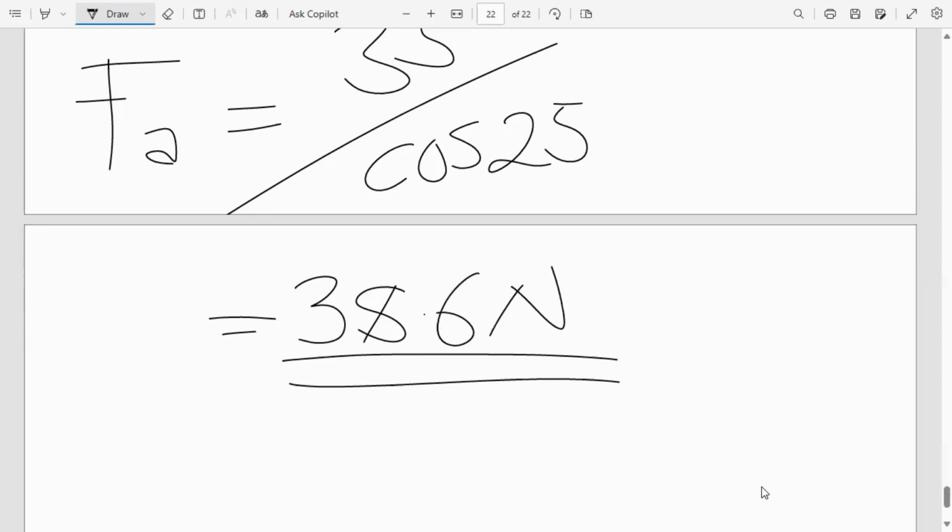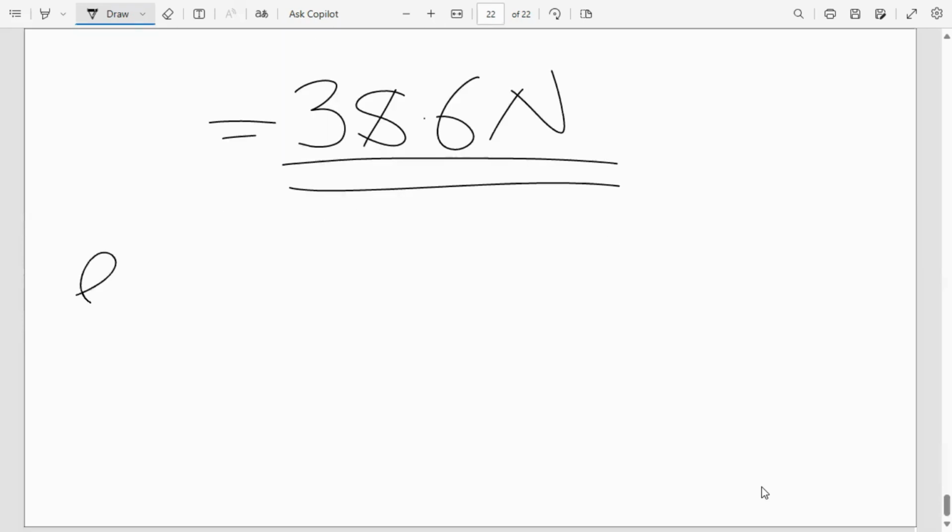Okay, question E says we should find the total work done. So what will be the total work done? The total work, you can find using the summation of all the work done by the forces applied on this object.